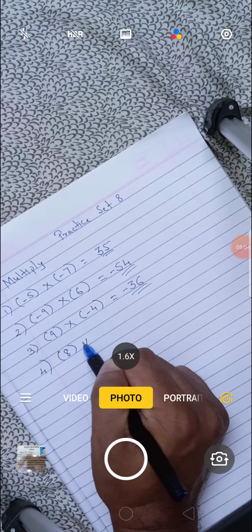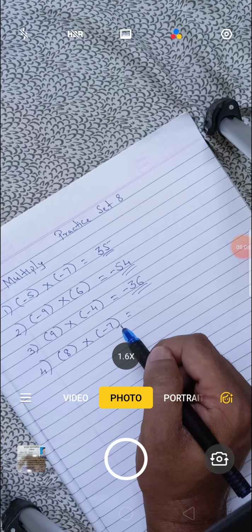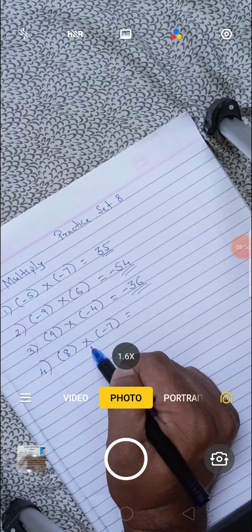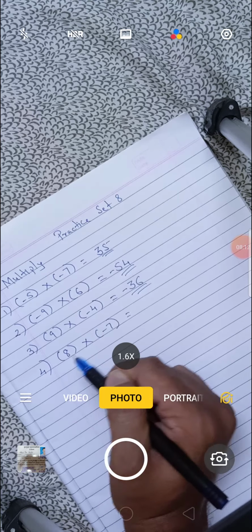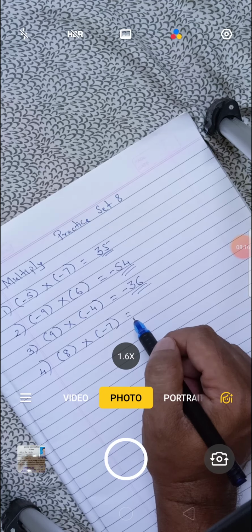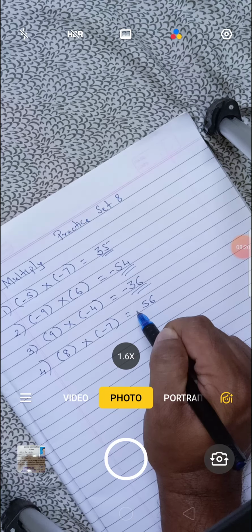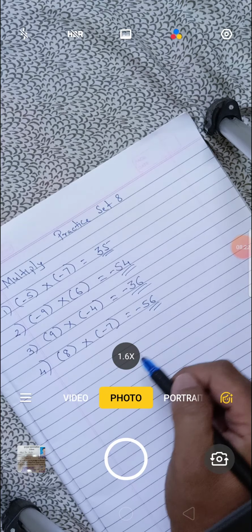Next sum, 8 into -7. Same, children. What will be the rule? The product of a positive integer and a negative integer is always a negative integer. So 8 sevens are 56. Always a negative integer.